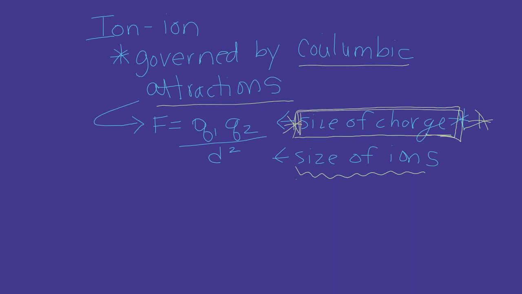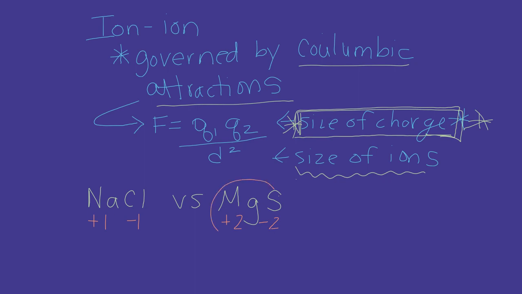So, for example, if we're comparing NaCl versus MgS, the first thing you look at is the charges. So Na is +1, Cl is -1, Mg is +2, and S is -2. Because these have different charges, we look at that and focus on that, okay?